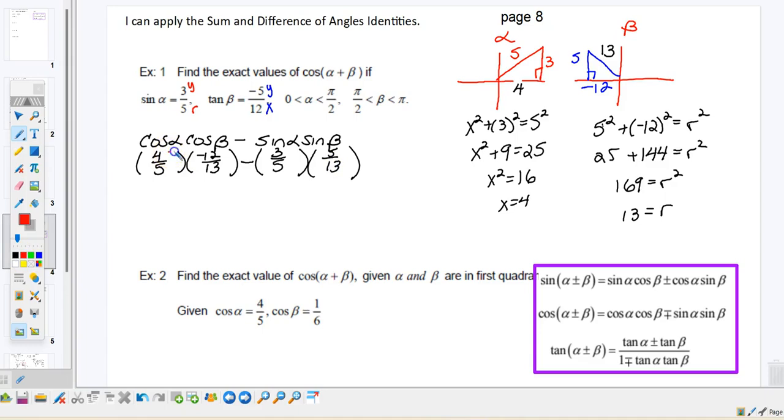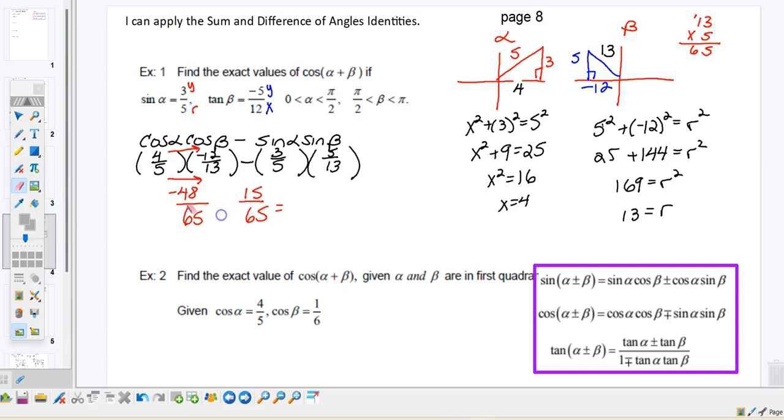And now let's multiply. 4 times negative 12, 5 times 13. You can do the traditional multiplication if you want. 3 times 5, 5 times 13. We have a common denominator.